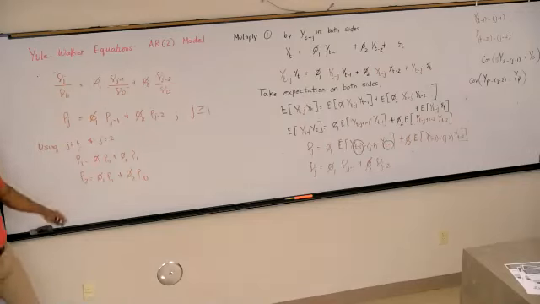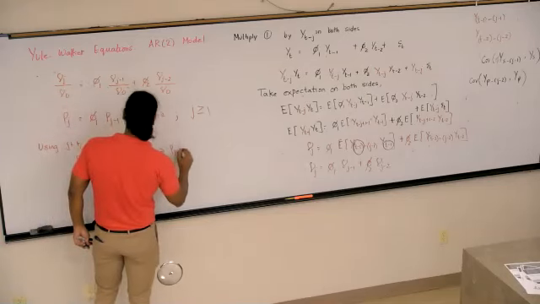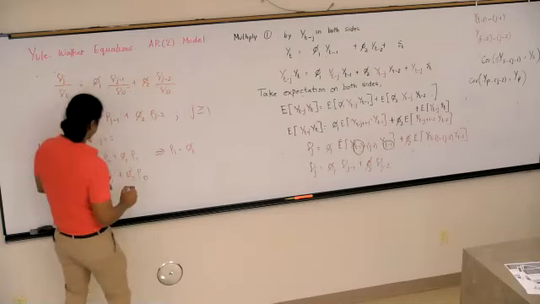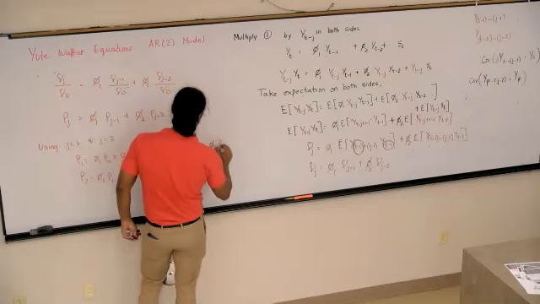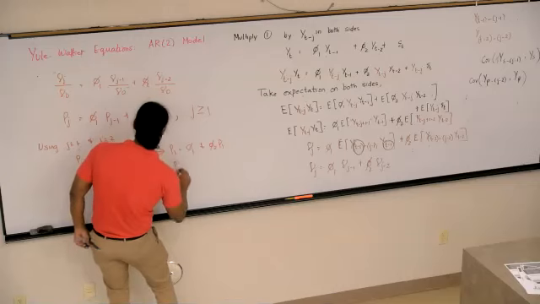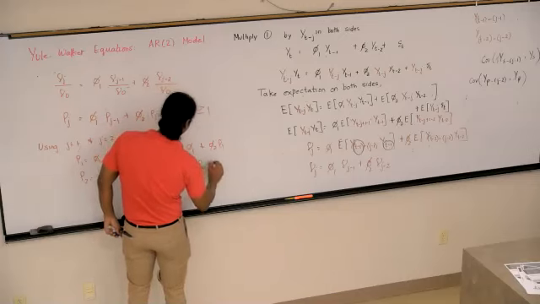Correct, I'm just plugging in j. This would mean rho 1 is phi1 rho naught, which is simply 1, plus phi2 rho 1. Rho 2 is phi1 rho 1 plus phi2.